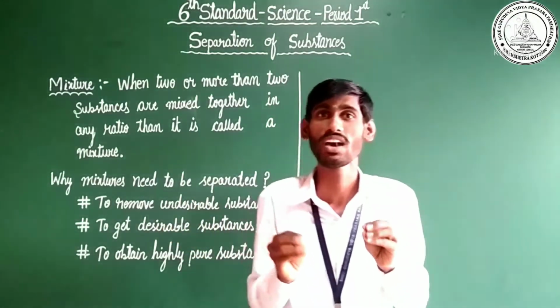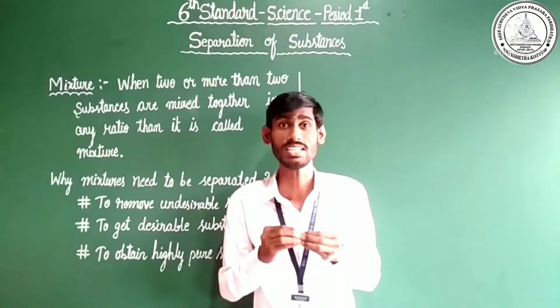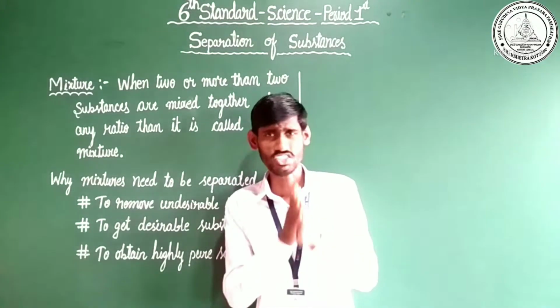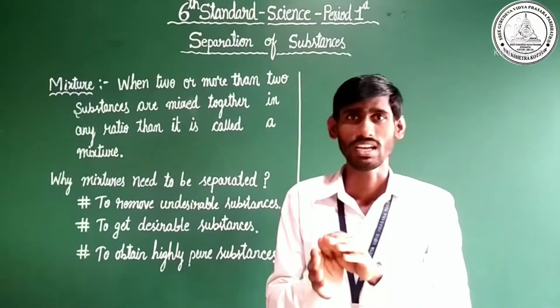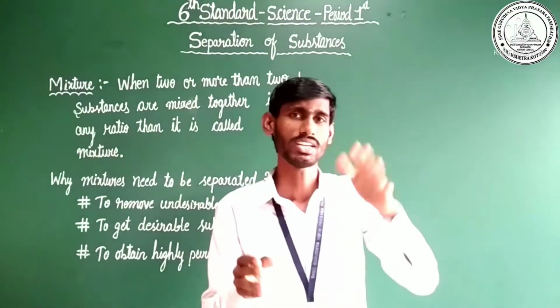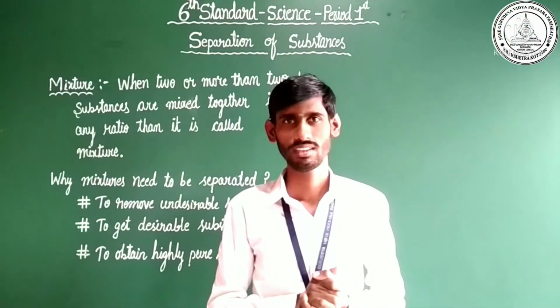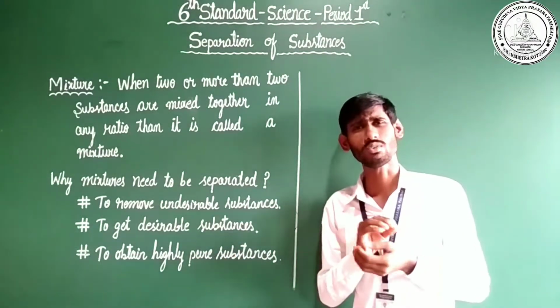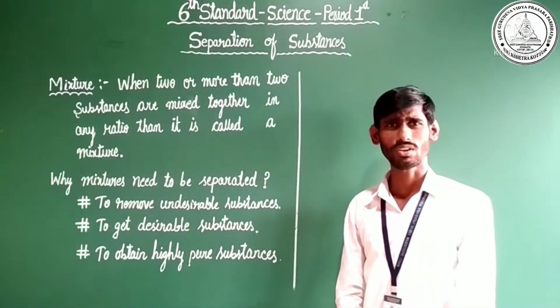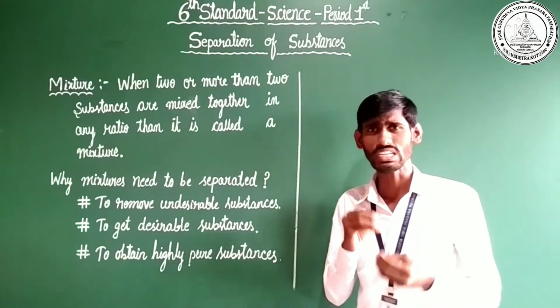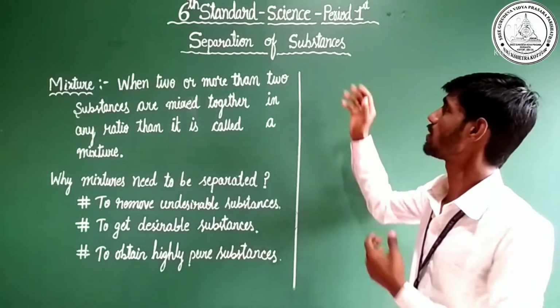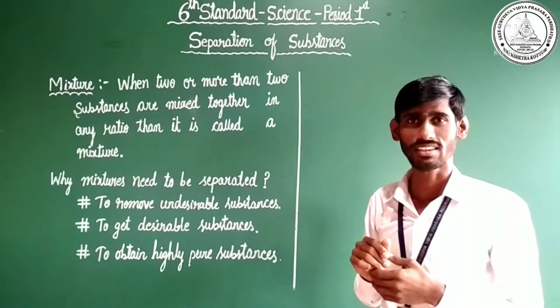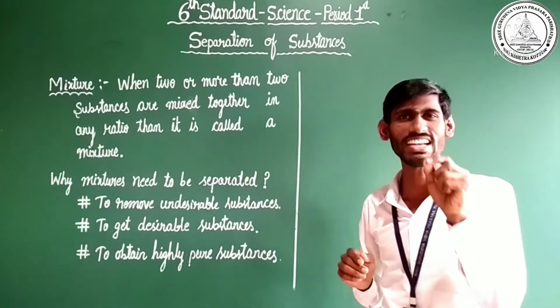That is why we use the separation method. Dear children, separation takes place by very different types of methods. And there is a question: why do we need to separate the mixture, the substances? Yes, there is a valid reason.